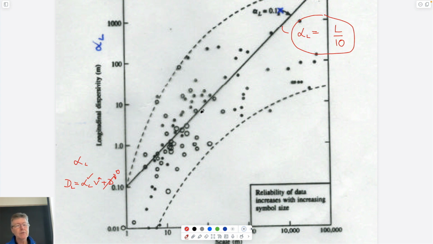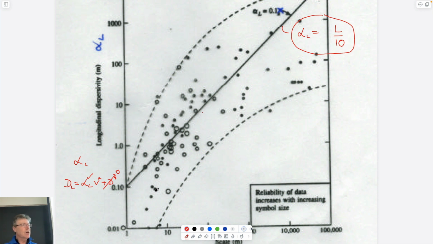Well, this is coming back to our idea that you don't use a fist-sized core to measure dispersion in the laboratory because it doesn't really sample all the heterogeneity in the system. And so the idea is that if you do an experiment at 1 meter, then it sees the fractures that are at that scale that can make the plume spread out at that scale.